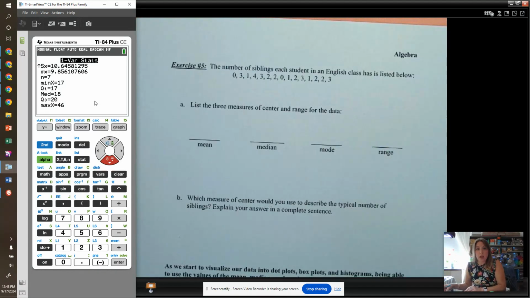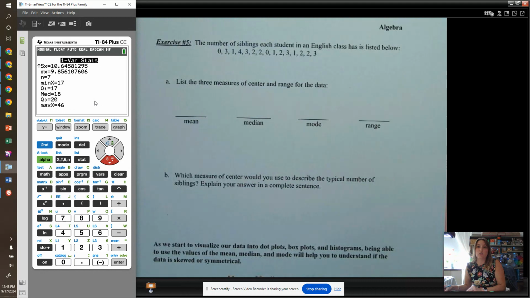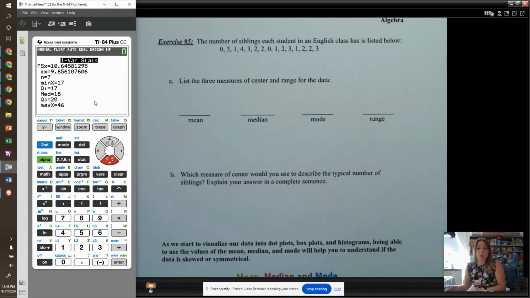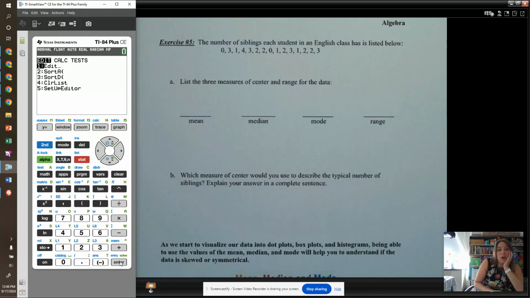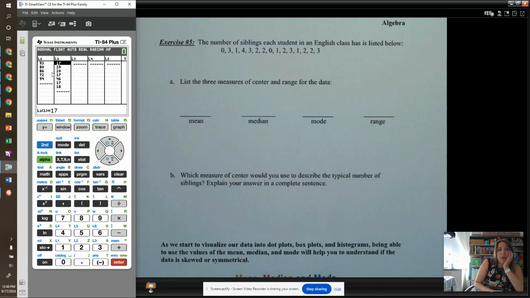We're going to do that one more time in exercise 5. So actually what I am going to do is go to Stat, go to Enter. So I'm on my page that has all my lists. And this time I'm going to arrow right to L3, and I'm going to enter this data in L3.